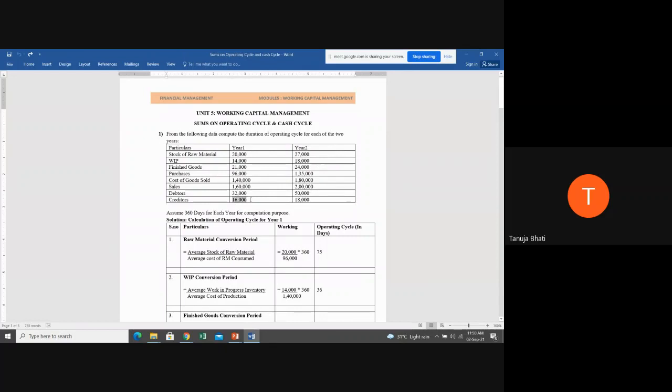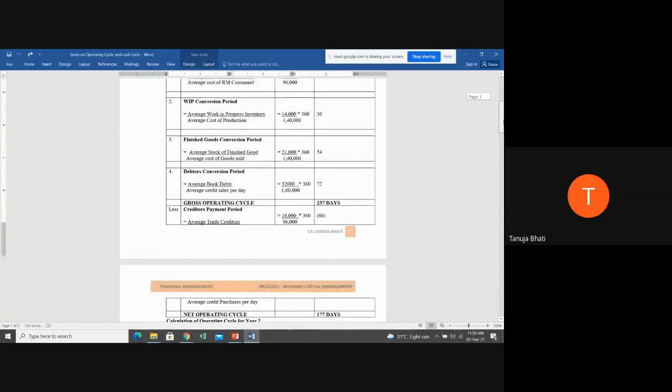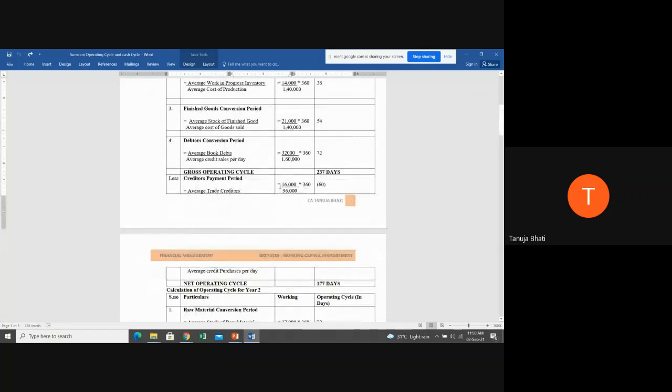Therefore, you have to do 16,000 divided by 96,000 into 360. You have got the answer as 60 days. Now since it has to be minused, it is written in bracket 60. Therefore your net operating cycle is 177 days.